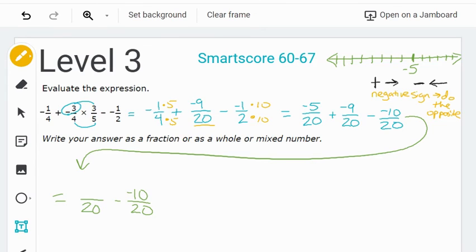So in this case, we're starting with negative 5, and we're adding, so we think, okay, we must be going right. So we would be thinking we're going to go right on the number line. But we're adding -9. So if we were adding +9, I'd go right 9 on the number line. But we're adding -9, so we're going to do the opposite. We're going to go left.